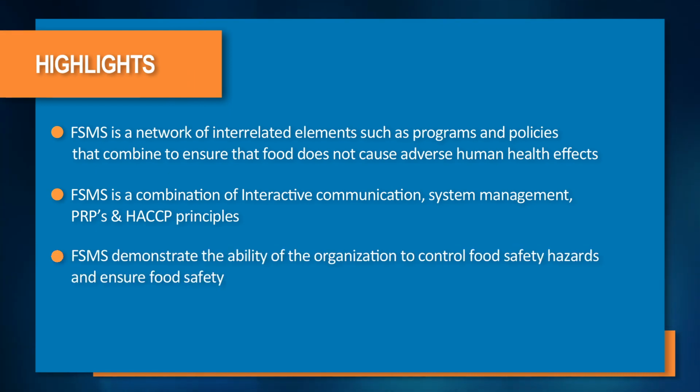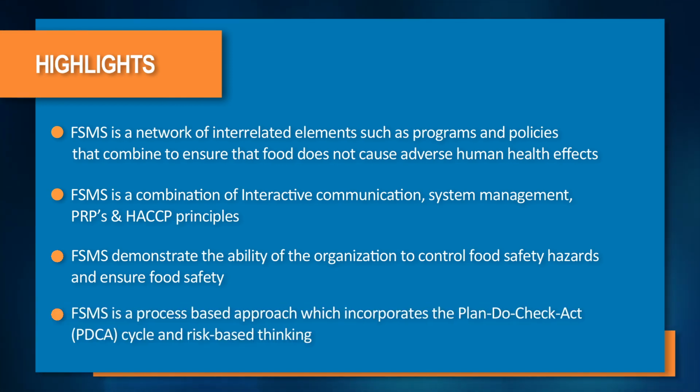FSMS demonstrates the ability of the organization to control food safety hazards and ensure food safety. FSMS is a process-based approach which incorporates the Plan, Do, Check, Act or PDCA cycle and risk-based thinking.